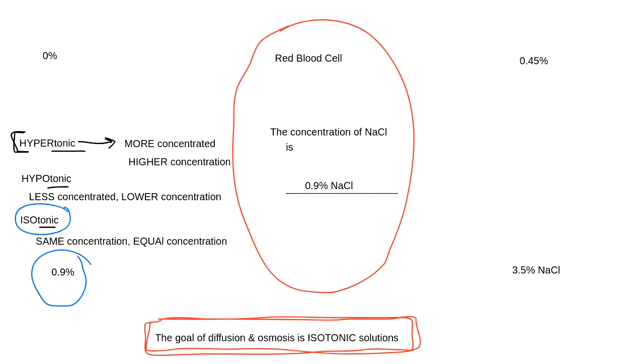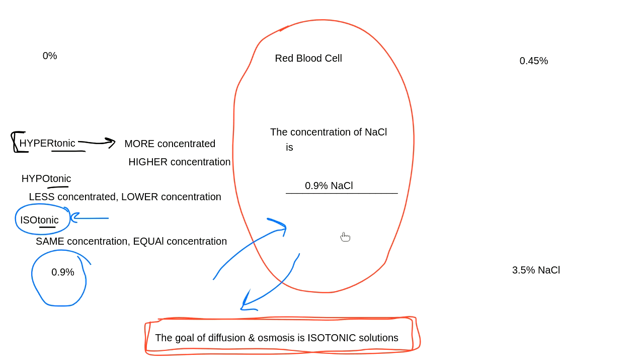If I'm in a solution that is isotonic to me, the amount of water that goes into my cell is equal to the amount of water that goes out. In other words, my cell is happy because I have the same amount of salt inside as I have outside. My cell stays the right shape. It can do the right job.